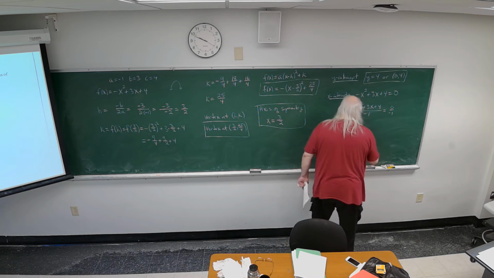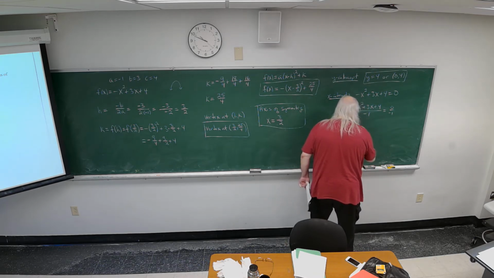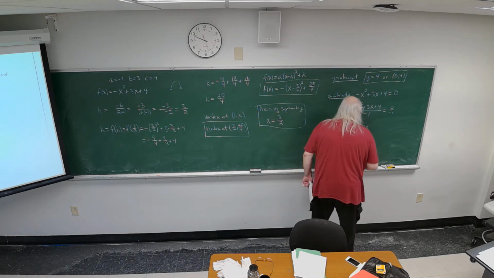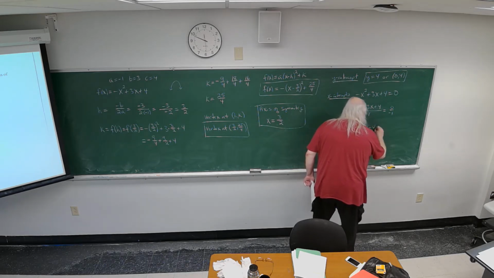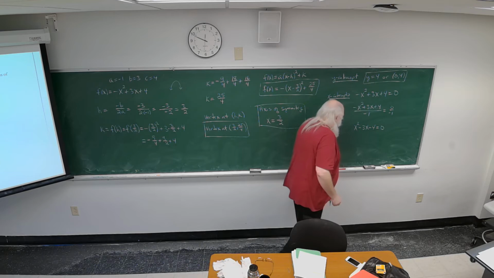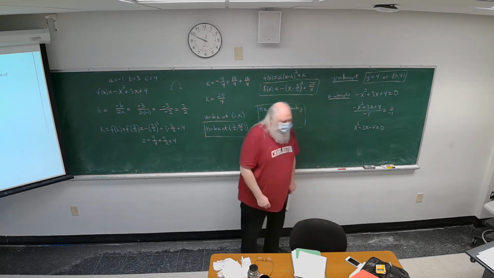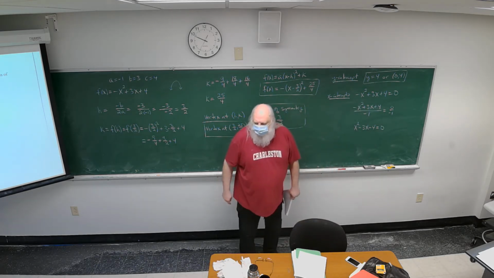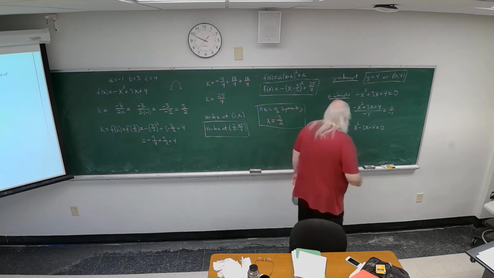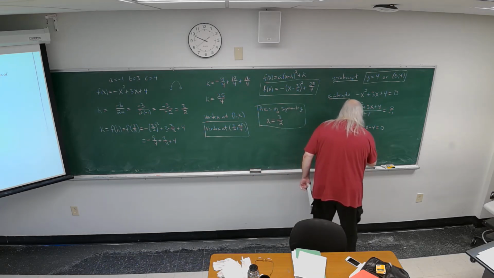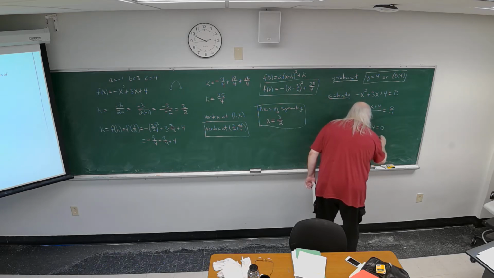So instead of minus x squared, we have plus x squared. Instead of plus 3x, we have minus 3x. Instead of plus 4, we have minus 4. And now I can factor that. It factors into x minus 4 times x plus 1.